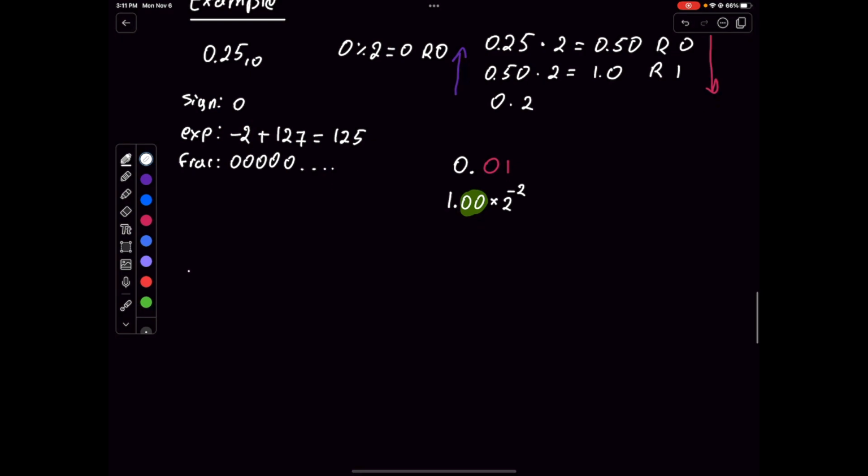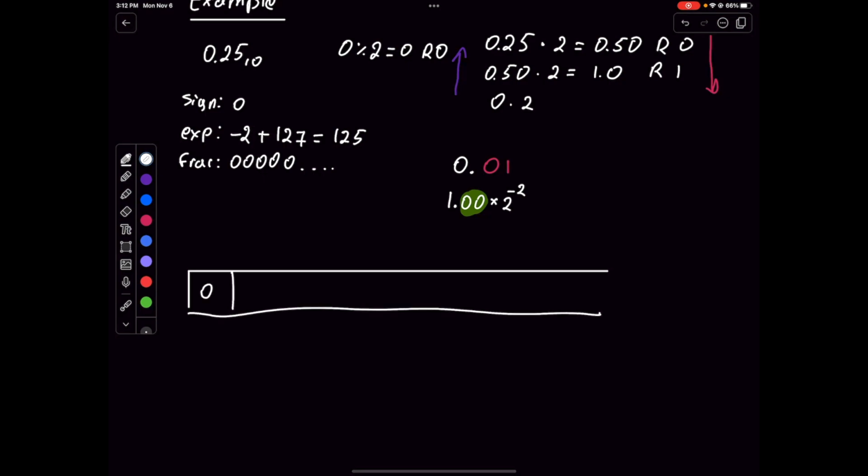And now let's do our chart. The first is 0 for the sign bit, and we need to calculate the exponent bits. So that would be 0, 1, 1, 1, 1, 1, 0, 1.